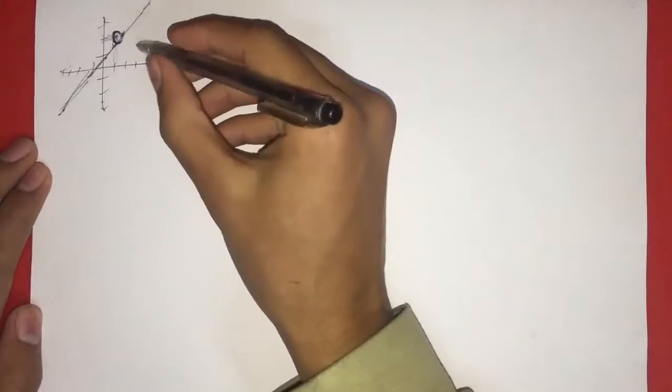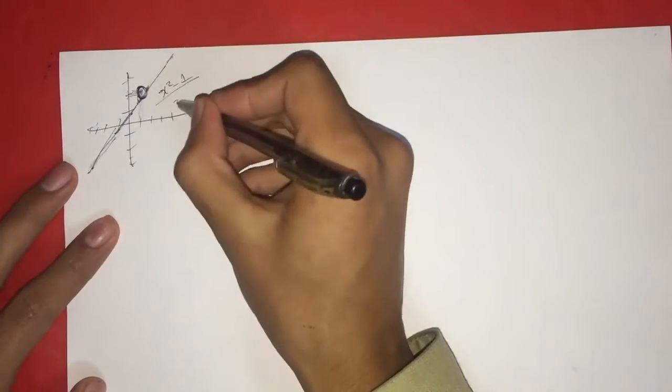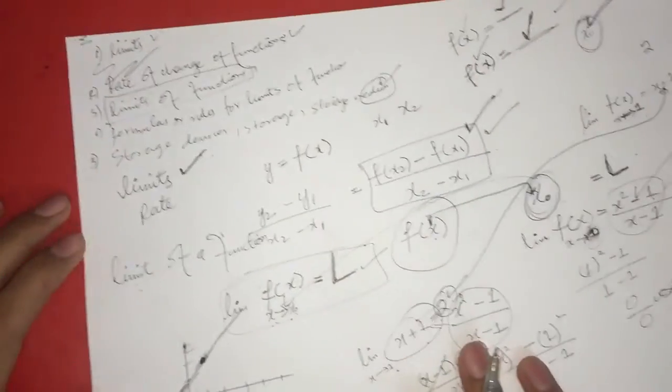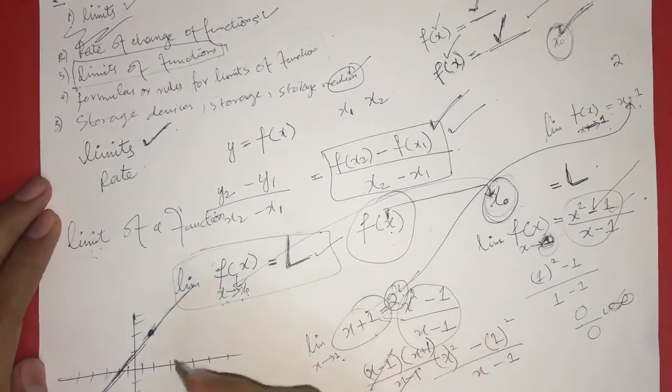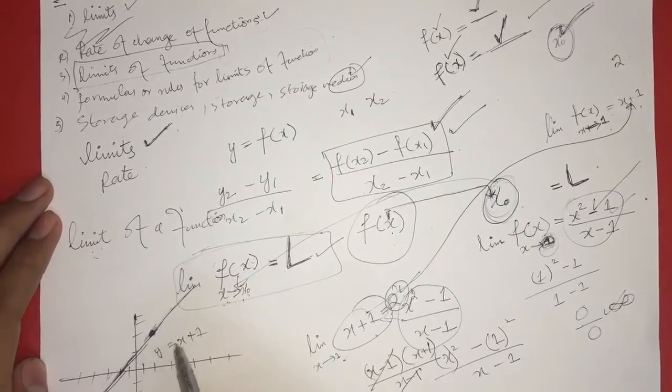So this was the function y equals x square minus 1 divided by x minus 1, and this here was the function y equals x plus 1. So that was the concept of limit.